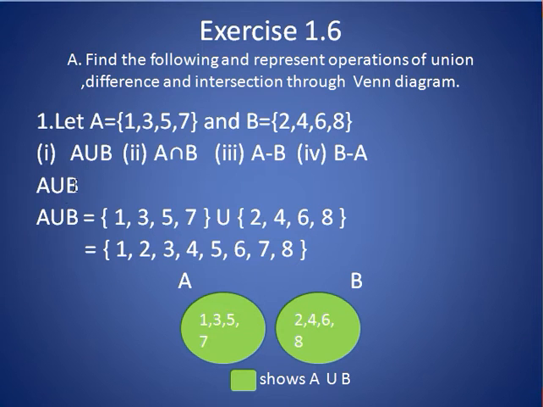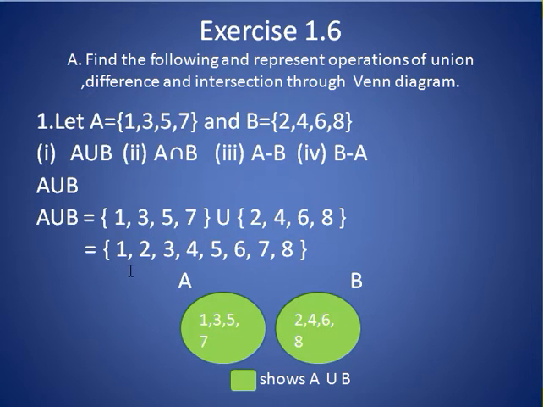So first, A union B. We will write again A union B: set A, symbol of union, then set B. In union we combine both sets together, we write in sequence without repeating common elements.